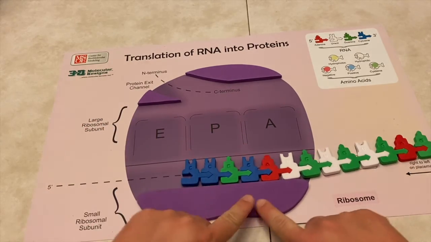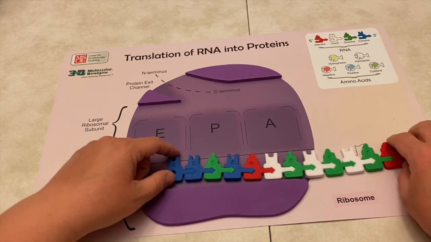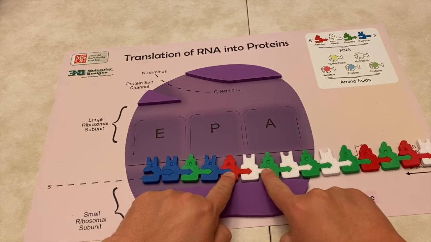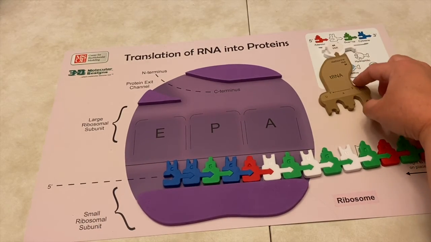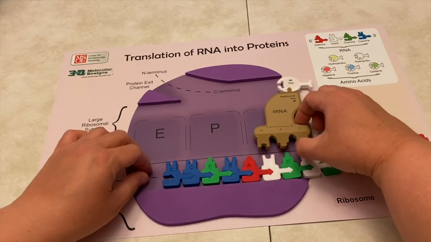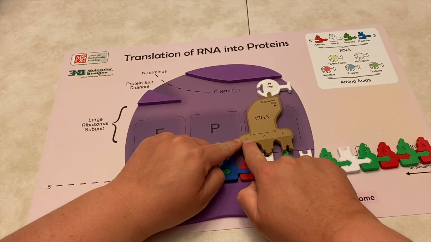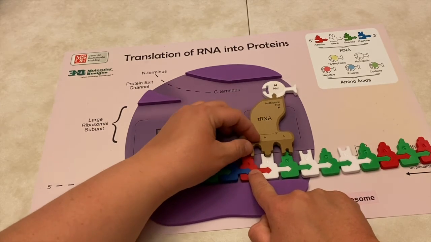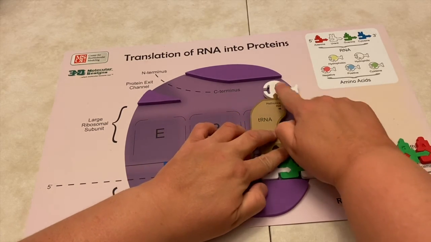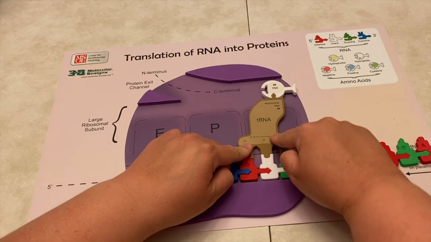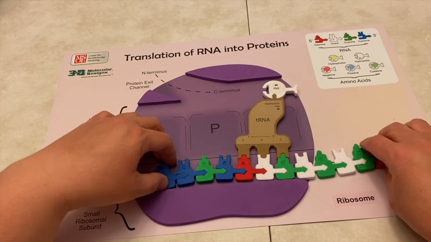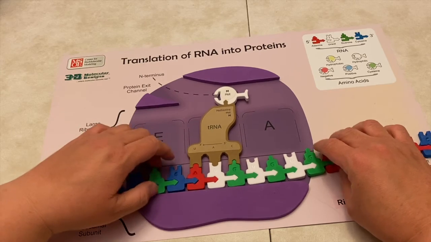And the ribosome attaches bottom subunit first, and it attaches to the sequence AUG. Methionine comes in and attaches because the anticodon on tRNA, UAC, is complementary to AUG. The tRNA that has methionine in it scoots over to what we call the P site.